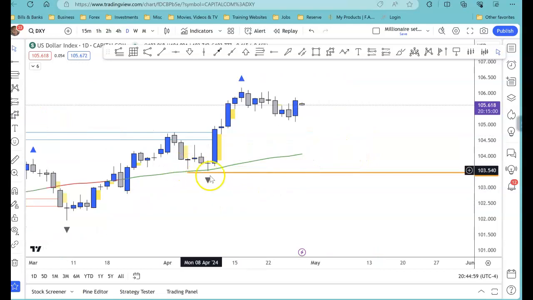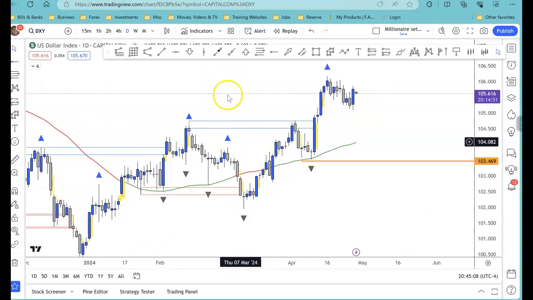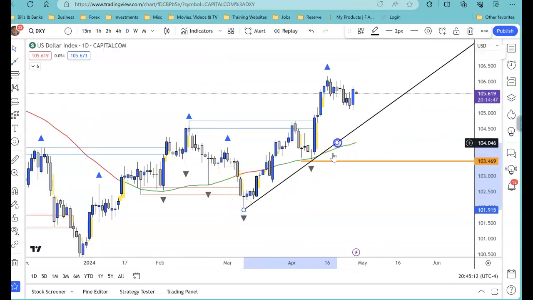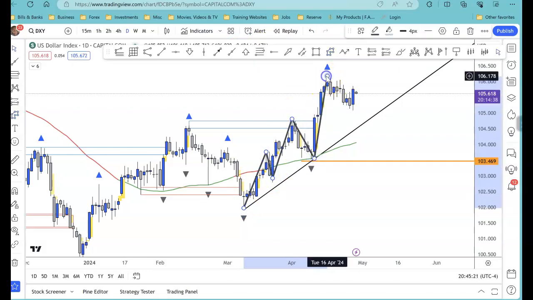So until the dollar closes below this swing point, we're in an uptrend. That's one way to confirm that. You can also use your trend line and see that this market has made higher highs as well, based on what my trend line is telling me.